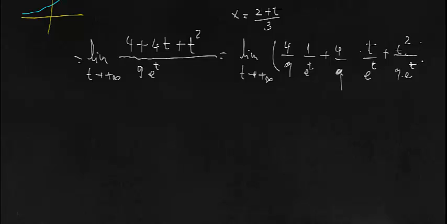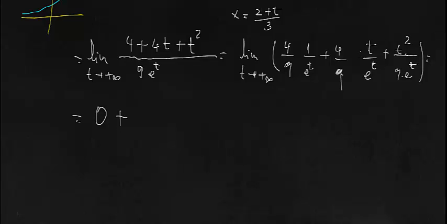Okay, so now it is very simple to calculate the limit. Here it will be 4 over 9, and when t approaches plus infinity, the exponential also approaches plus infinity, and I will have something like 1 over plus infinity, which is 0 for the first one.